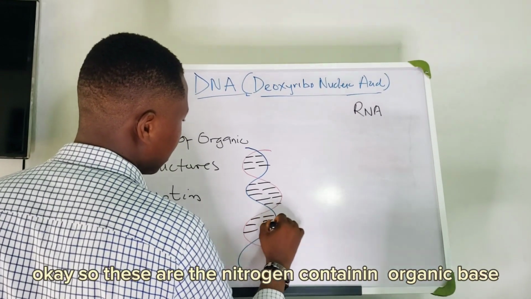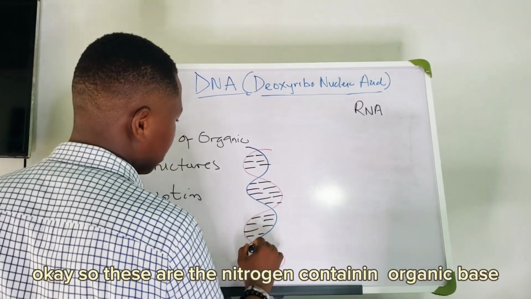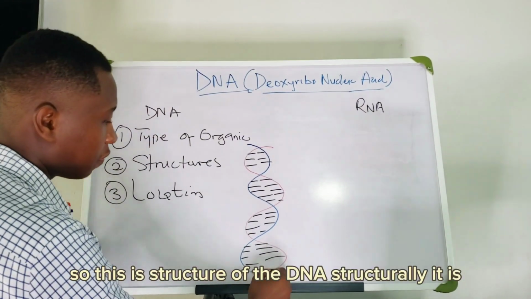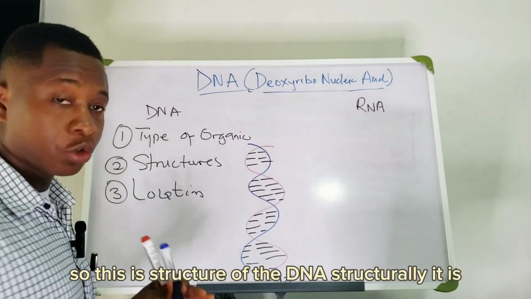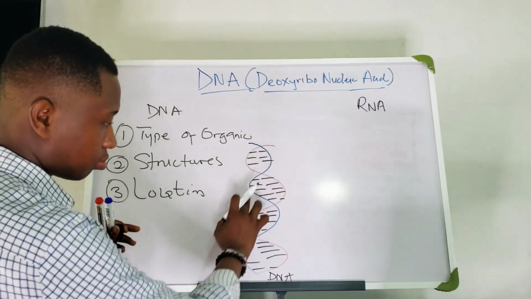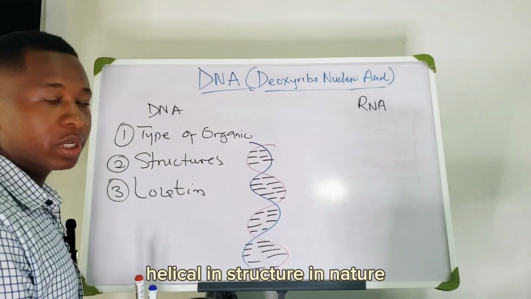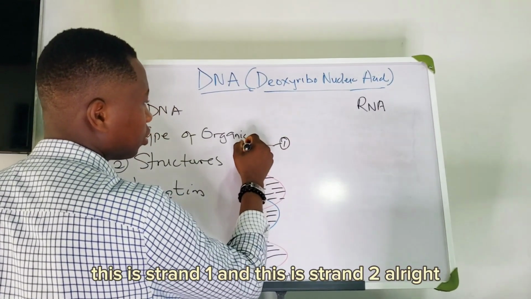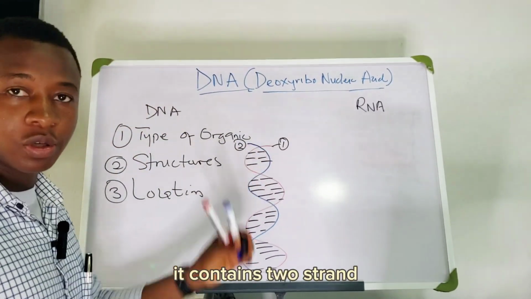Okay, so these are the nitrogen containing organic bases. So this is the structure of the DNA. Structurally, it is helical in nature, and then it contains 2 strands. This is strand 1 and this is strand 2. All right, it contains 2 strands.